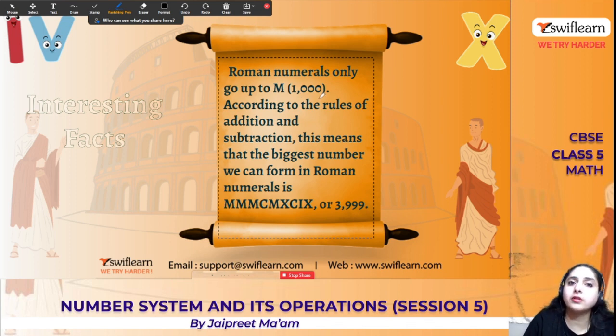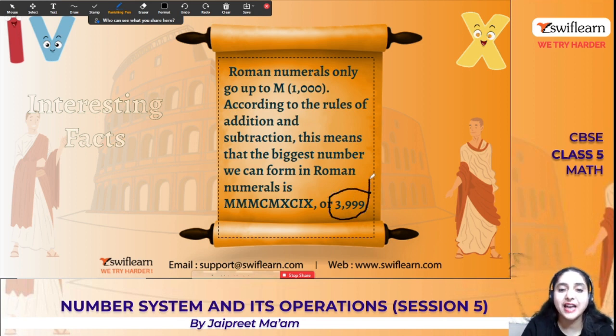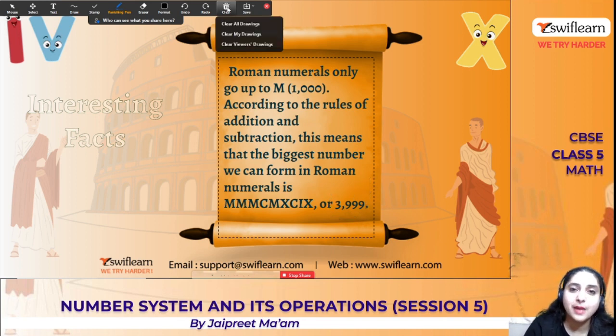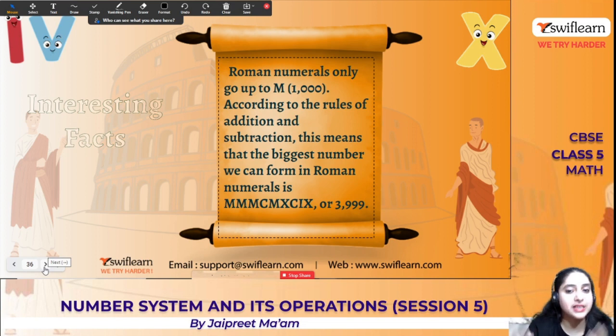We don't have any other greater value than M. According to the rules of addition and subtraction, this means that the biggest Roman numeral we can form is MMMCMXCIX. That is only 3999, because there is no rule to represent 5000. So we can go up to this number only.